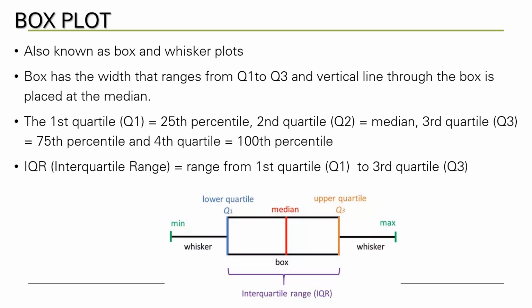There are minimum value, lower quartile, median, upper quartile, and maximum value. These numbers are labeled on the box plot shown in the diagram. The whiskers represent high and low reference values for excluding the outlier values.